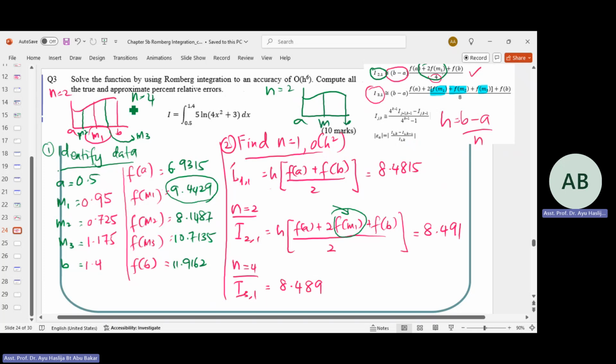Doesn't matter what is the label, either 1 or 2 or whatever. So this value is your midpoint for 2 segments. I21 refers to only 2 segments. Okay, I31 when you have 4 segments. Okay, the trapezoid. To ease your understanding, just label accordingly. M1 is the first midpoint. Okay, so that you don't confuse yourself.